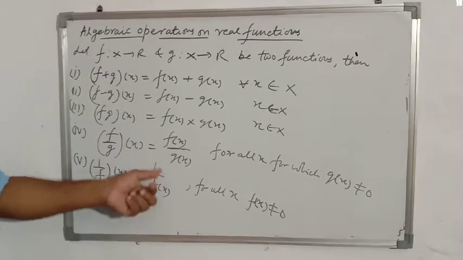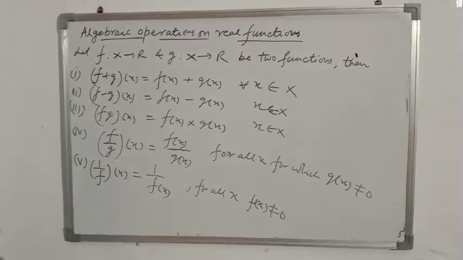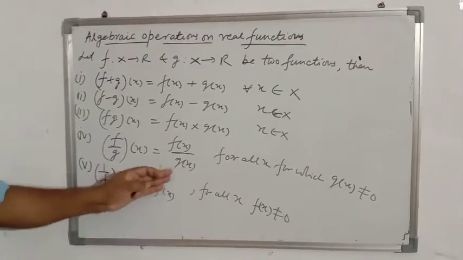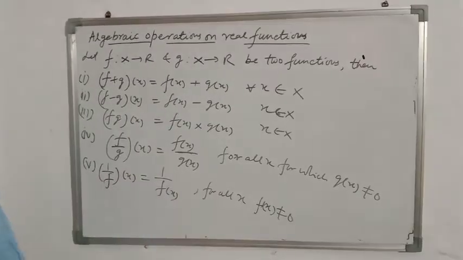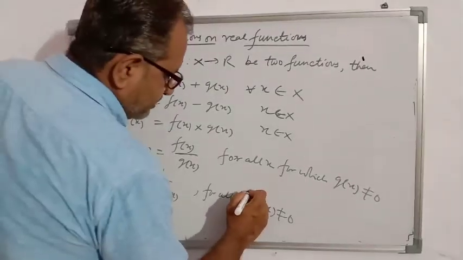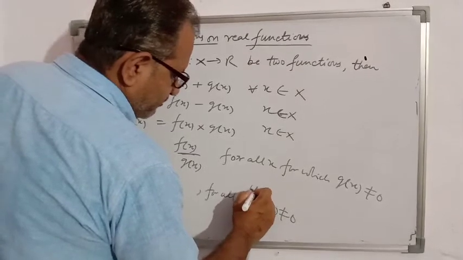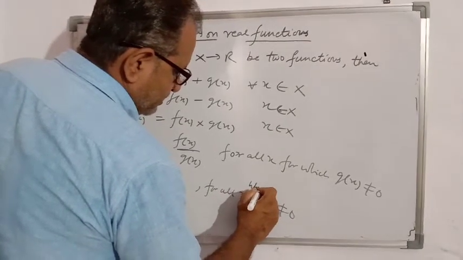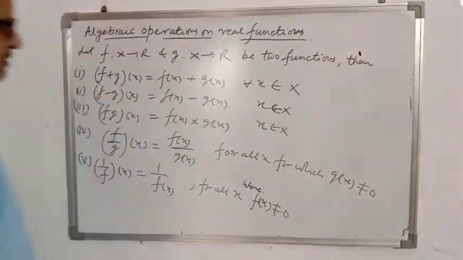Denominator cannot be 0, otherwise it will be undefined. So 1 by f of x is equal to 1 upon f(x) for all x where f(x) is not equal to 0.